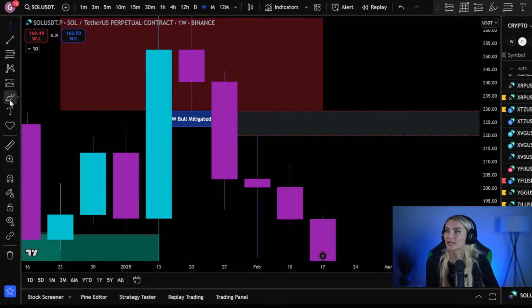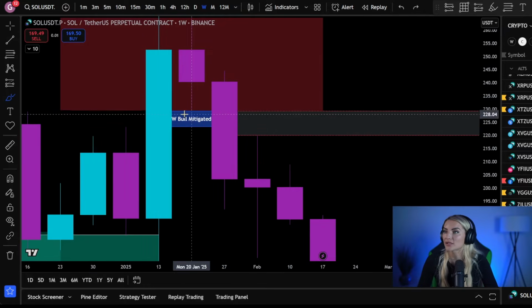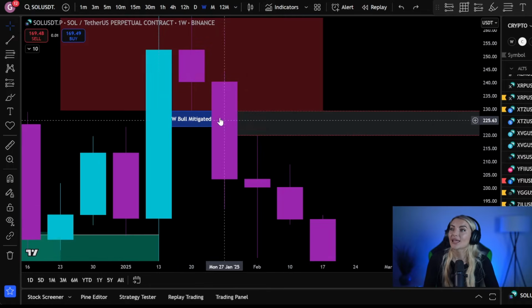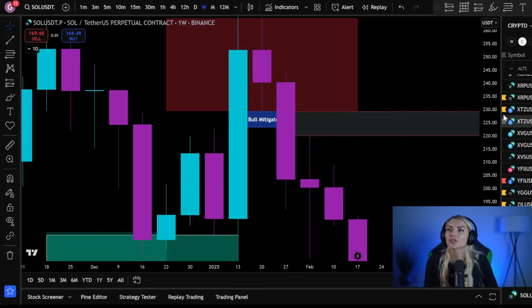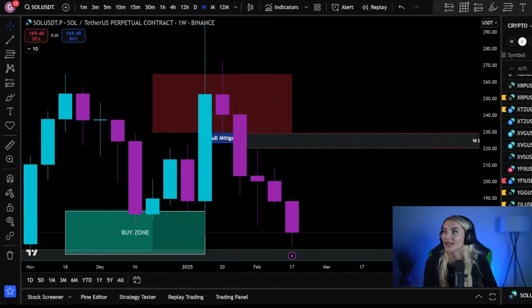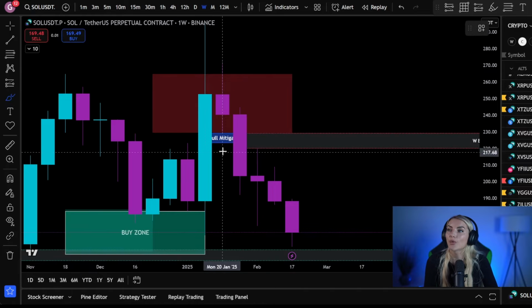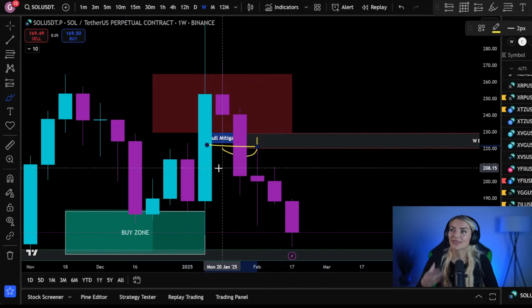But yeah, basically this is a mitigated fair value gap, and this is how the indicator is going to show it to you, which is very useful. Because let's not get into inverted fair value gaps right now, but you want to know when a fair value gap has been mitigated, and you want to know if you had a body close below that fair value gap, because then that means that the fair value gap is invalidated.